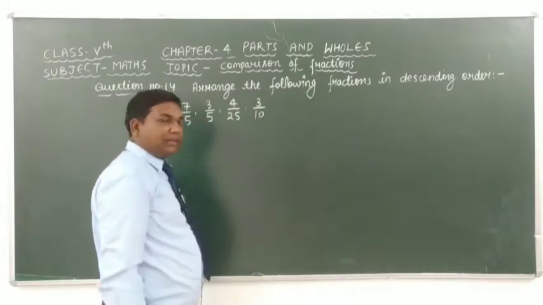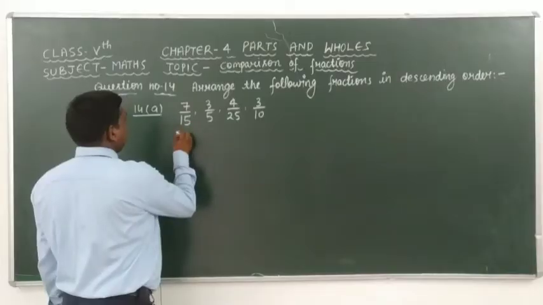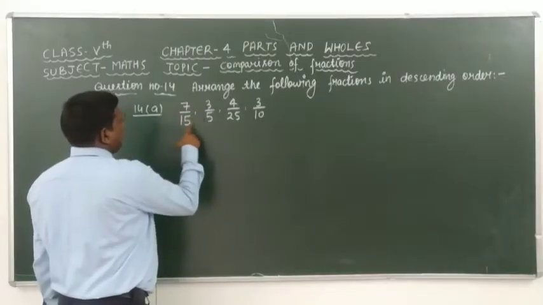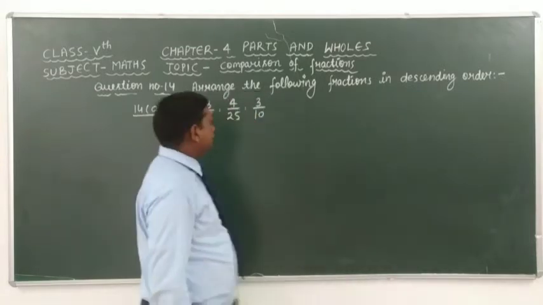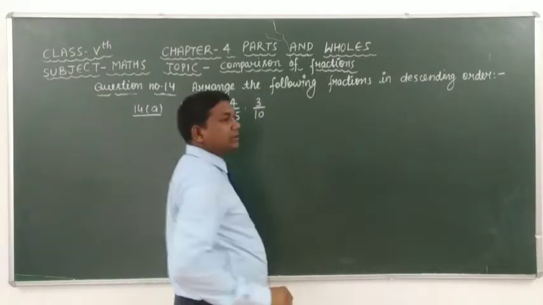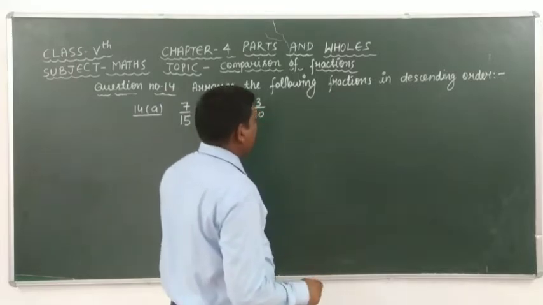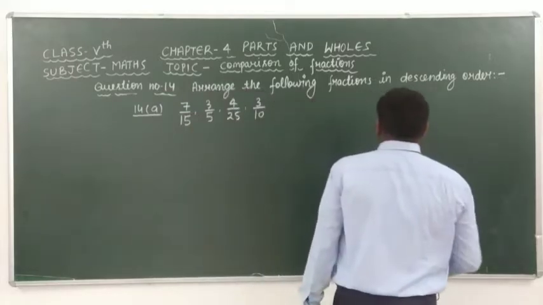Firstly, we have to take the LCM of 15, 5, 25 and 10 for finding the same denominators. Look at here carefully.